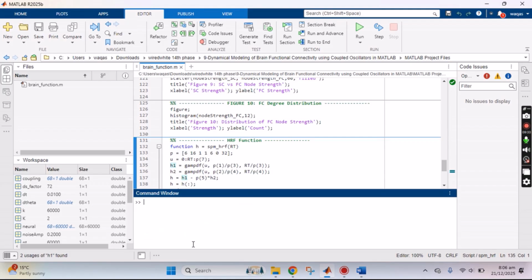Basically, this is my 2025 newer version of MATLAB. Some of the MATLAB tools are not installed in it, whereas the previous version, MATLAB 2021, has all the tools installed. So let me open it and record the video for you.